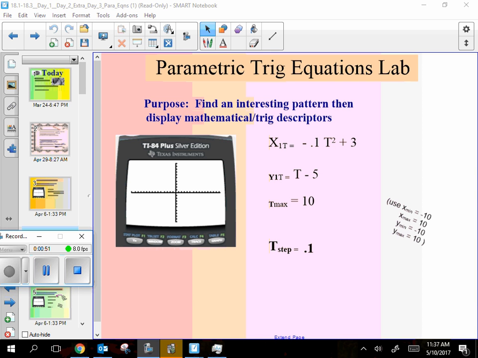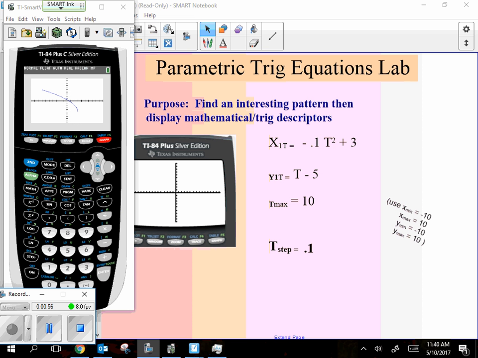The other two are going to be somewhere else. Let's see if you can figure out where they are. Okay, so I got my graphing calculator to graph this. This is nothing super special, but as you can imagine, if you play with this, you can get some pretty amazing things to graph.